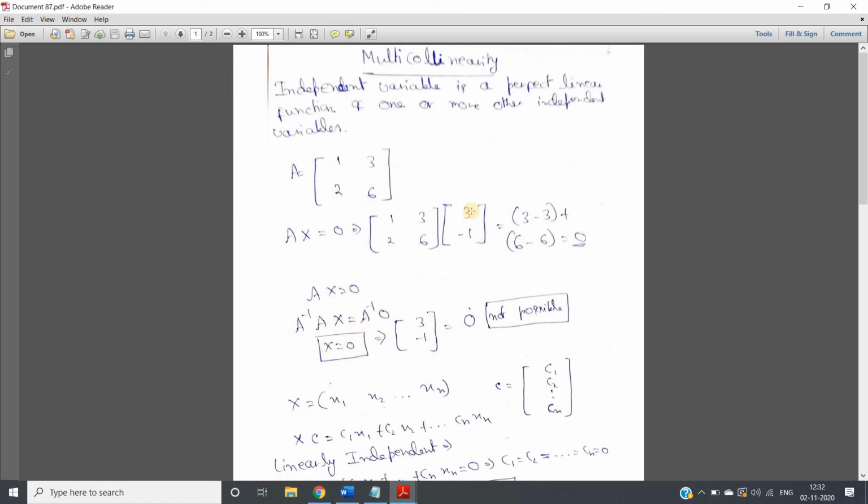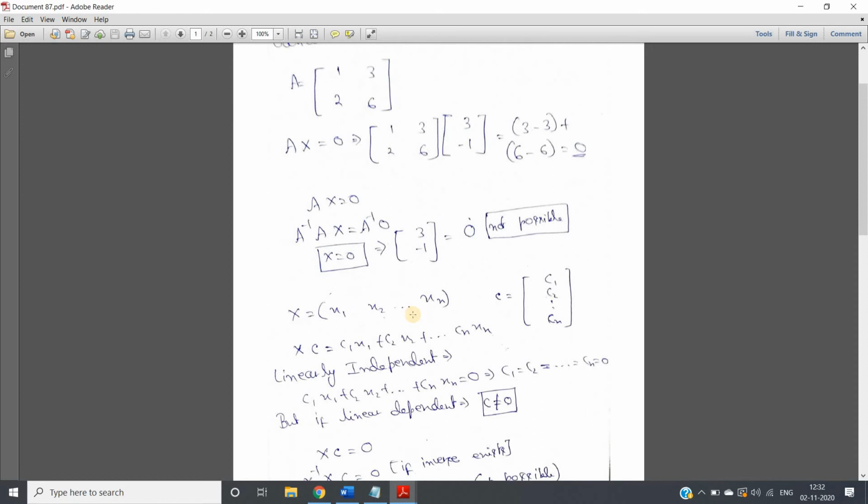But X is non-zero, it is 3, minus 1. So 3, minus 1 equal to 0 is not at all possible from a practical real-world point of view. An absurd thing. So A inverse actually does not exist for this particular matrix. In general, if we generalize this concept, I have just shown it with one example.